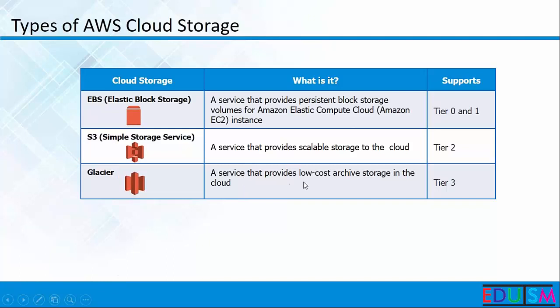Glacier is cheap. It's really the least expensive, and you can use it for data archival purposes, like in government offices or in courts, Supreme Court or High Court. What happens? There are plenty of files.